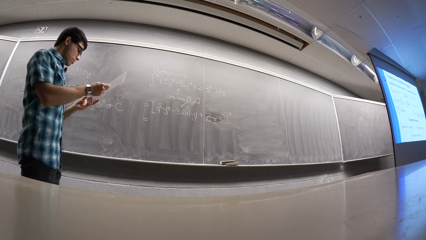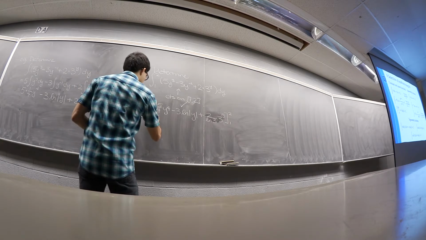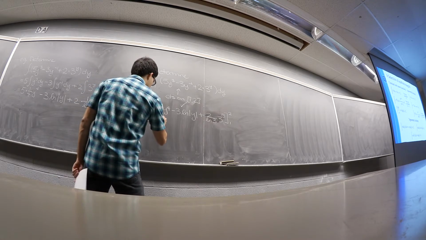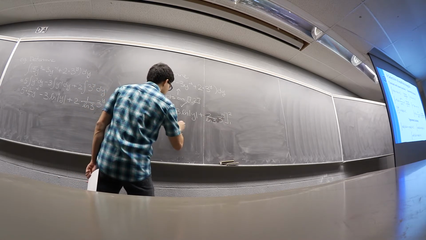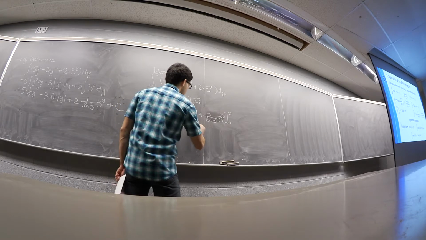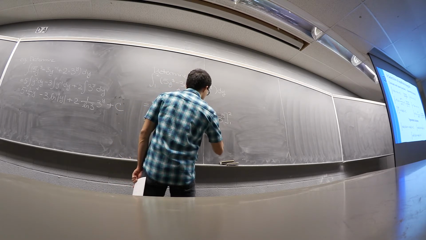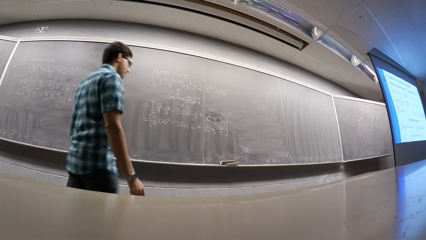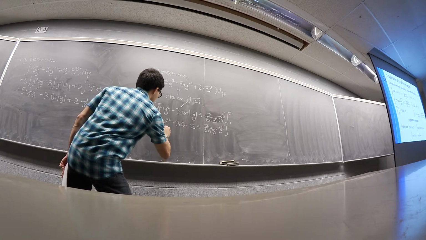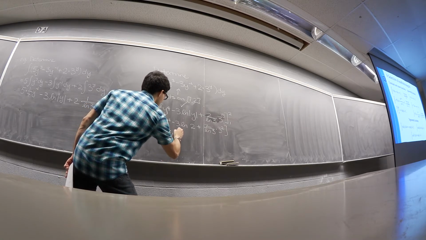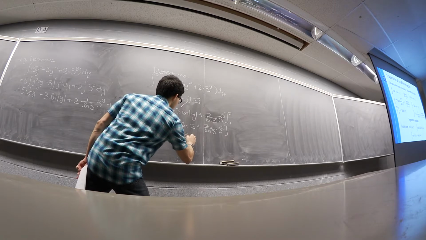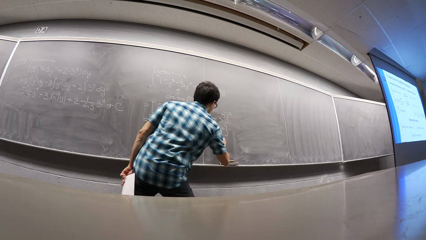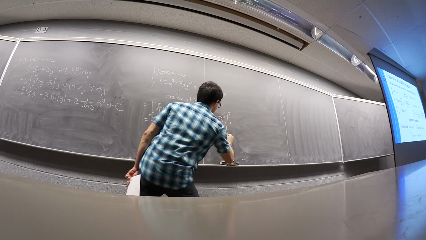All right, I'll spell it out. So what do we got? 5/4 times 2 to the 4 minus 3 ln 2, plus 2 over ln 3 times 3 to the 2, minus 5/4 times 1 to the 4 minus 3 ln 1 plus 2 over ln 3 times 3 to the 1.